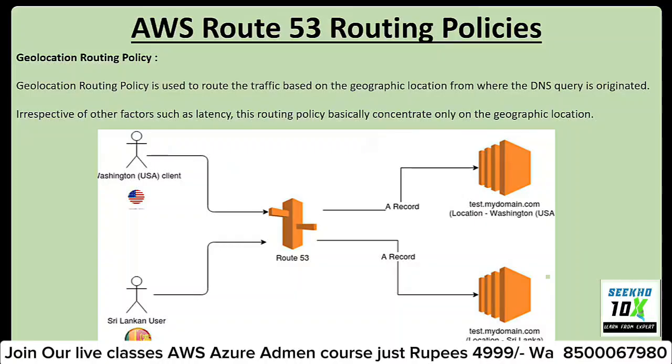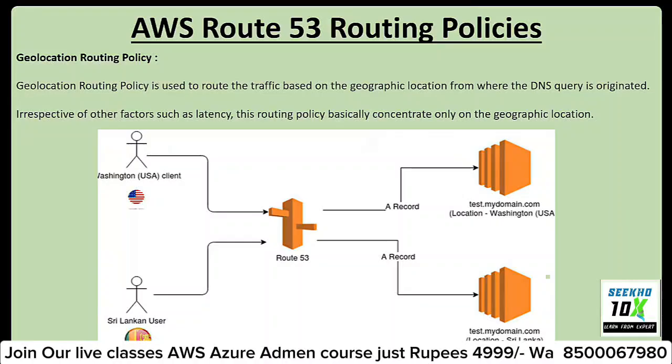The users sitting in Sri Lanka will access the Sri Lanka region server, and the users sitting on the US side will access the US side website. Both sites are the same.